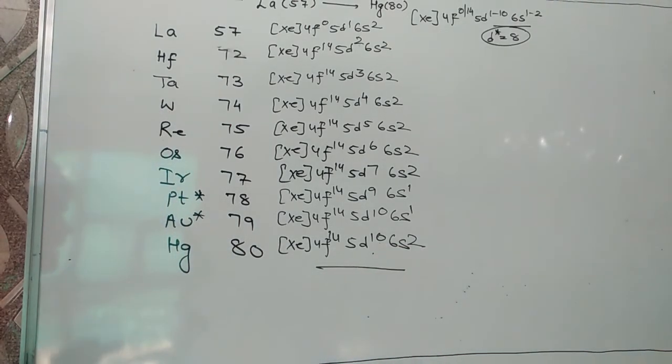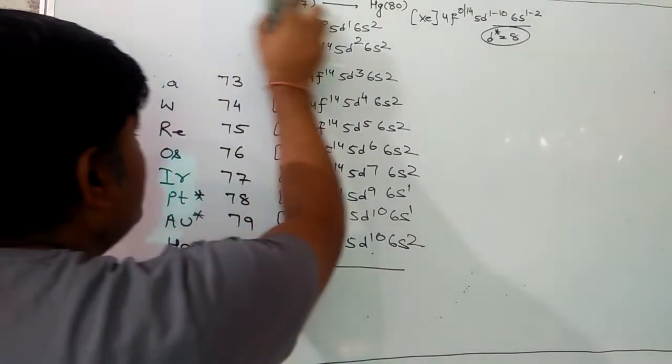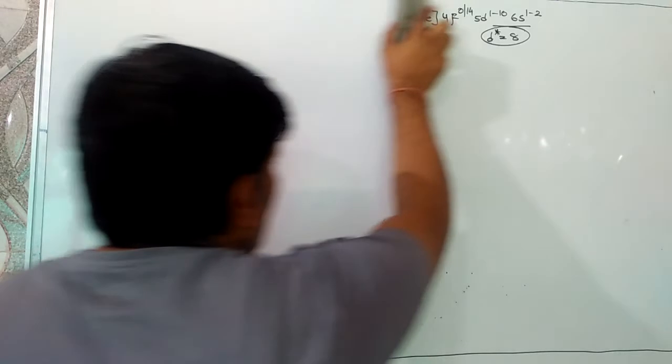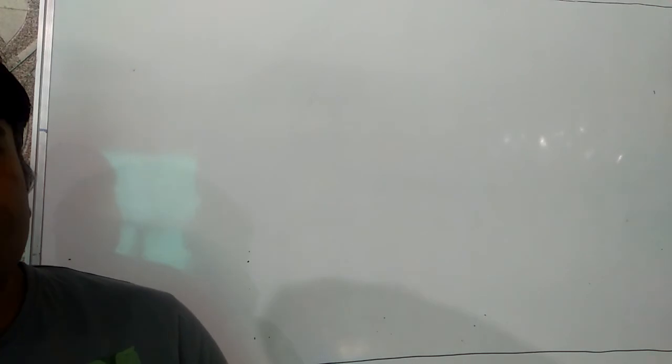And for today's last topic, we will discuss the fourth series or 6d series. Keep in mind, earlier this series was known as the incomplete transition element series, but now it has been completed and also has 10 elements.